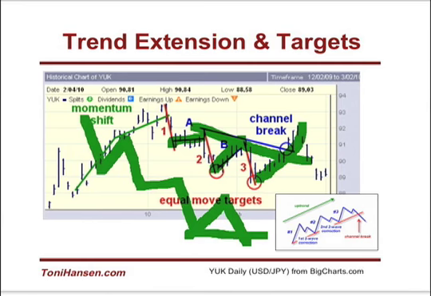Something that allowed the momentum to shift a little bit better at this low than hitting that initial low itself. Let me draw that a little bit more clearly.